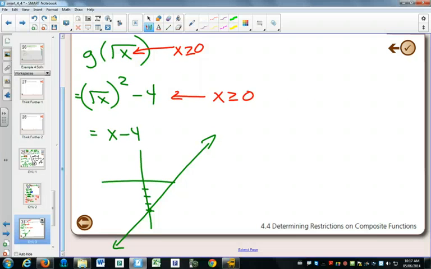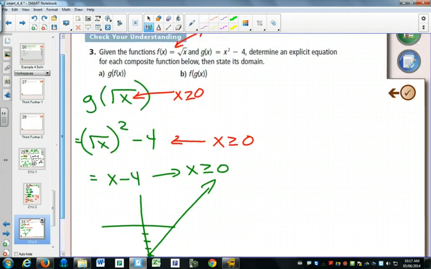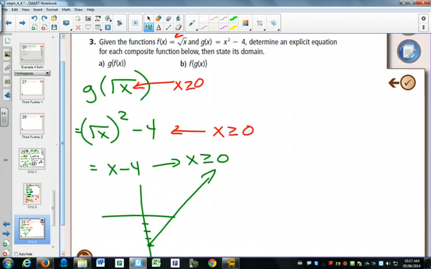So at this point, you would say, hey, wait a minute, this can only work if x is bigger than or equal to 0. So when I go to my graph, it's only going to be that part of the line. And now that I have that, I can state my domain, it's x is bigger than or equal to 0.